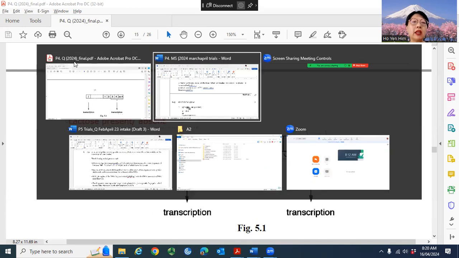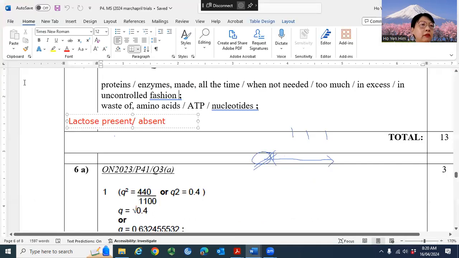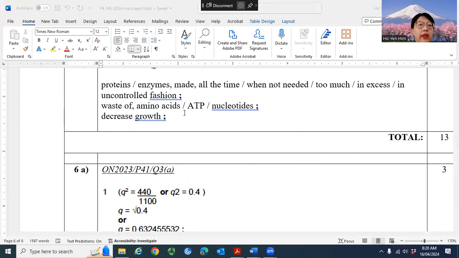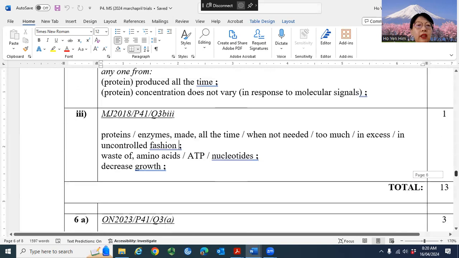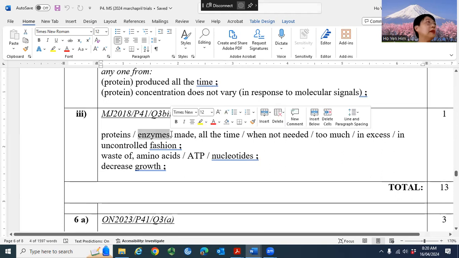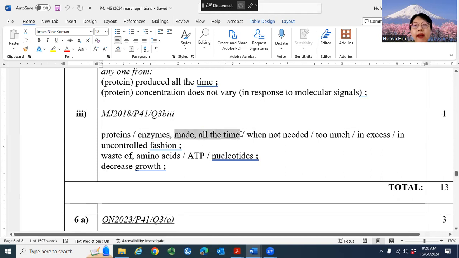So you look at the mark scheme. It says that the enzymes are made all the time. It's the same mark scheme as the previous one. So the previous answer is also the same thing, produced all the time. So this answer is the enzymes coded by lacZ, lacY, lacA will be made all the time.